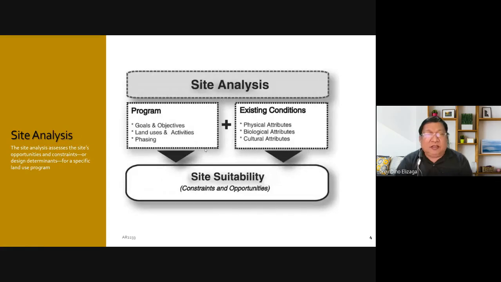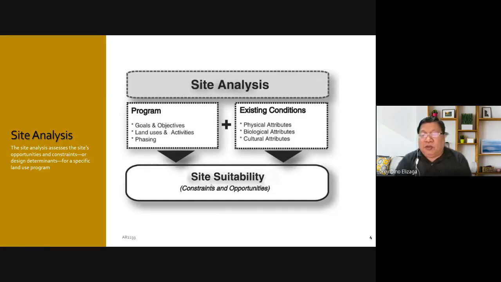And then site analysis, on the other hand, assesses the site's opportunities and constraints or design determinants for a specific land use program. So you have the program, and then you have the existing condition. And by considering these two, we come up with the site suitability.